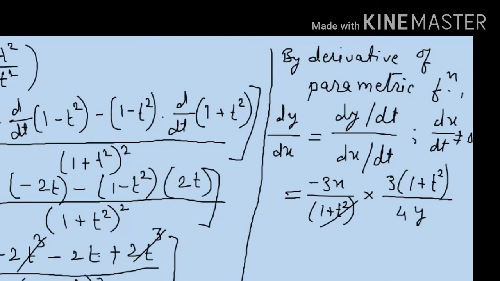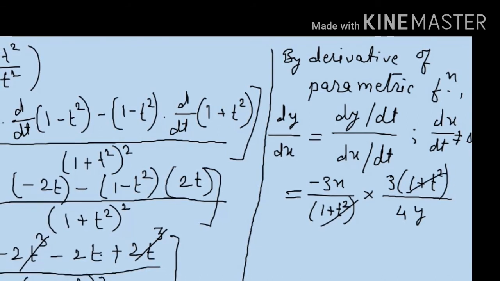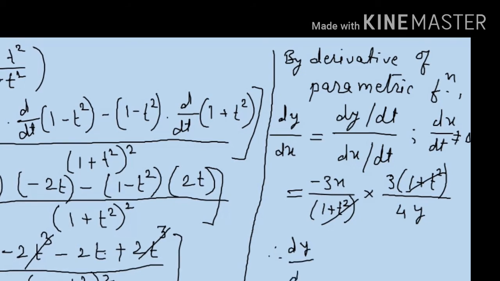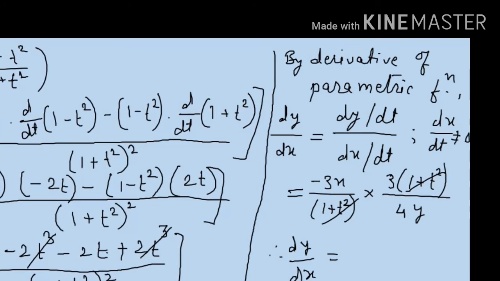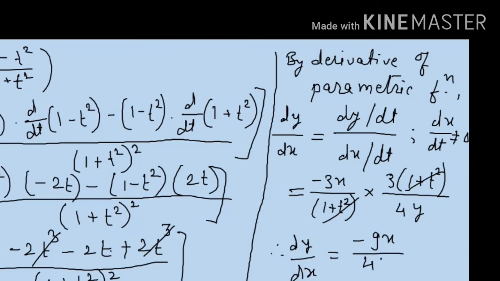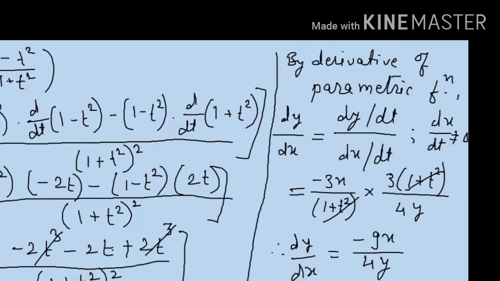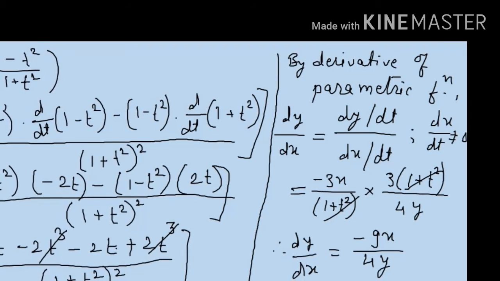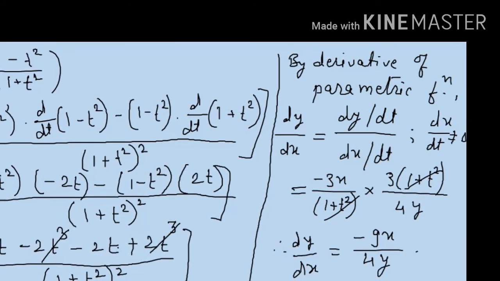So 1 plus t square gets cancelled, and therefore dy by dx is equal to minus 9x upon 4y. This is what we had to prove. So we can write hence proved.